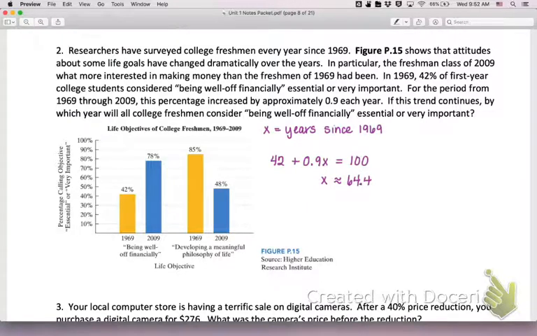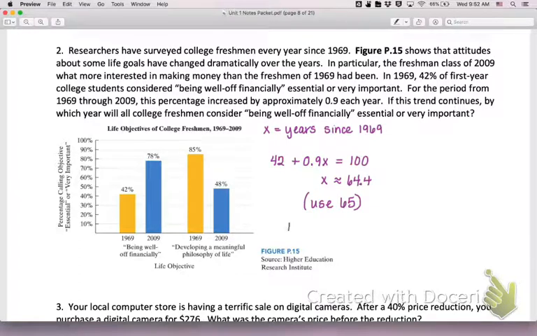Now, again, the question said, by which year? So it's not after how many years, it's by which year. So now we need to convert back to a year, like a specific point in time. So let's use then that we want to get to the 65th year since 1969. That opinion is going to change somewhere in the 64th year, but it's not going to be until the 65th year that we actually start seeing a difference.